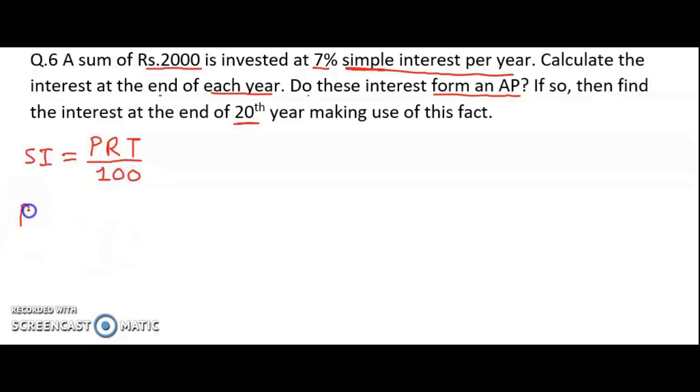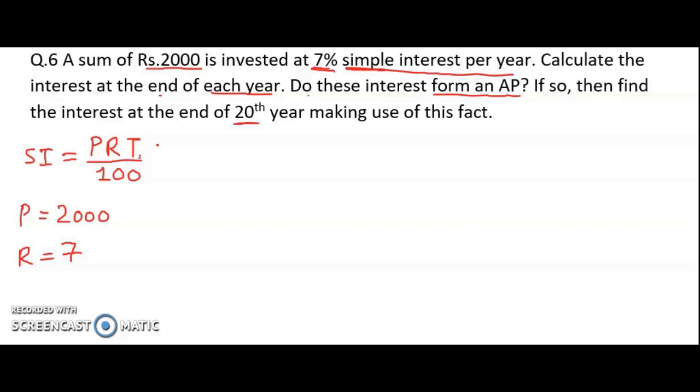P is the principal amount, the amount invested, that is 2000 given here, R is the rate of interest, so your rate of interest is 7%, and T is the time period. For example, if you want to calculate the interest for the first year, then we will put T equal to 1. If you want to calculate the interest for 2 years, then we will put T equal to 2, like this.